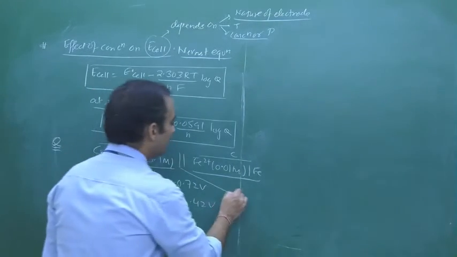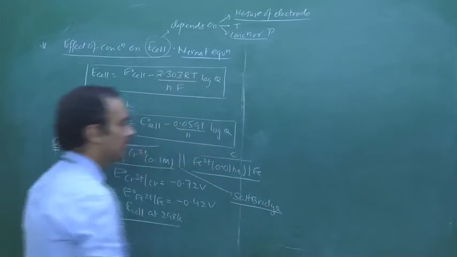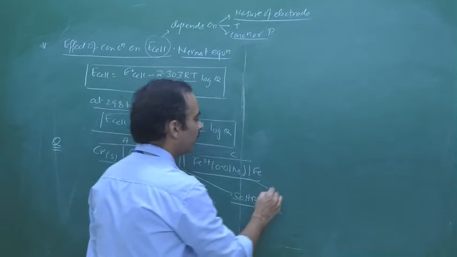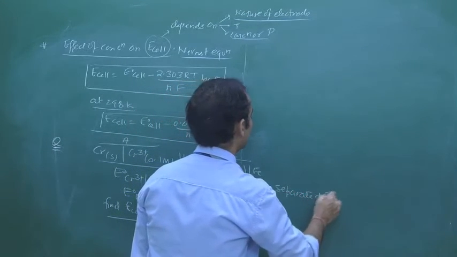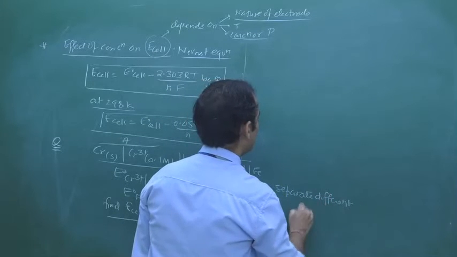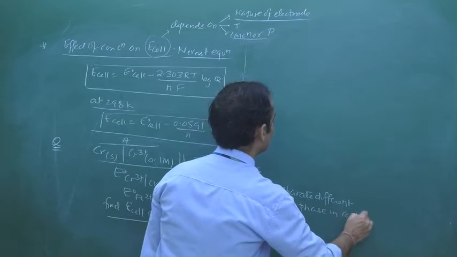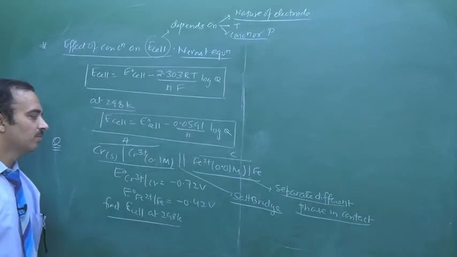Two parallel vertical lines denote a salt bridge. Different phases in contact are separated by a vertical line. Is it clear?